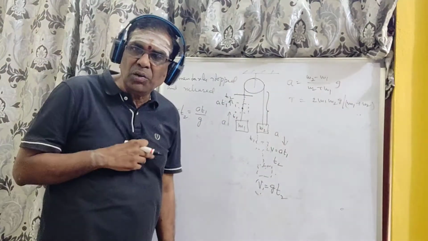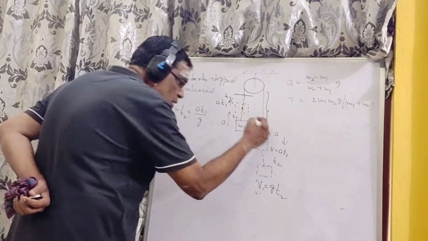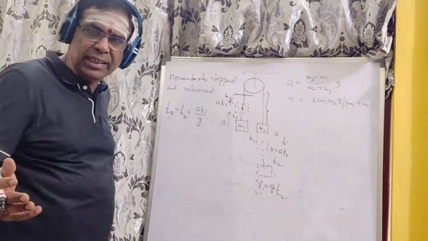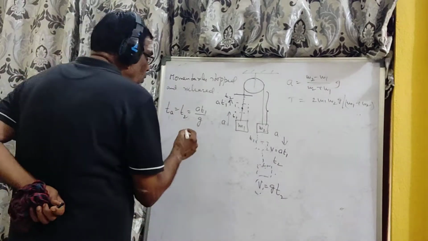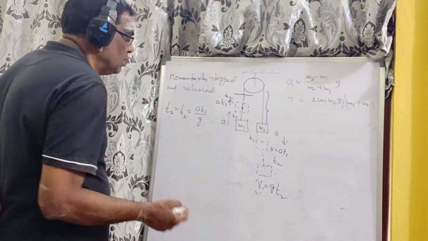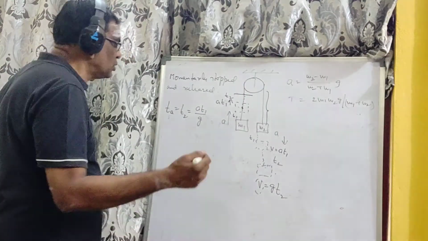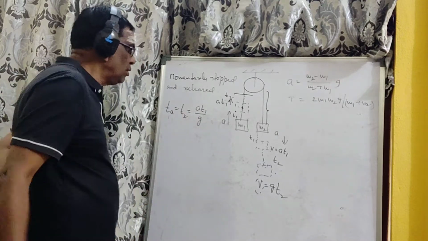You get the point? The rope becomes taut and it gets tight, and then it starts moving again with its own acceleration as before. Right? So, at what time this becomes taut again, you can work out if T1 is given. Say, what is A?